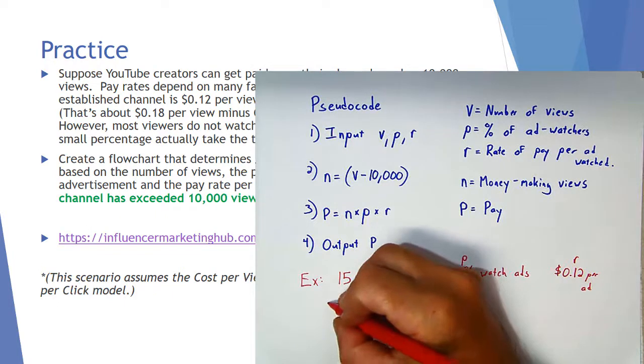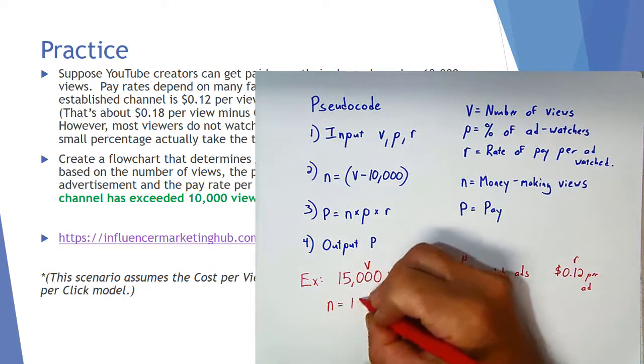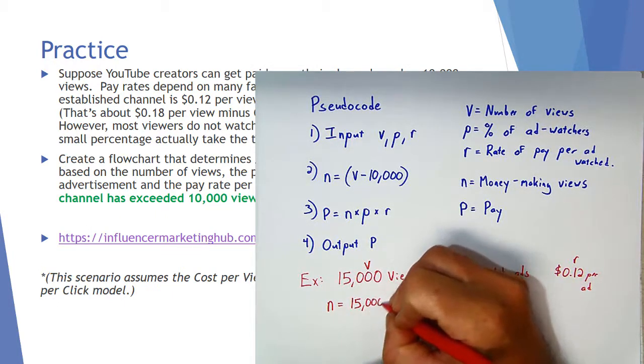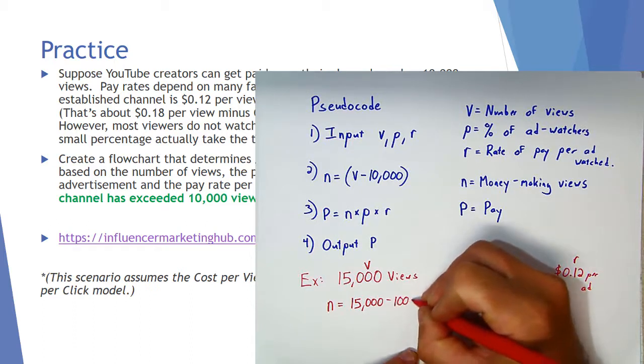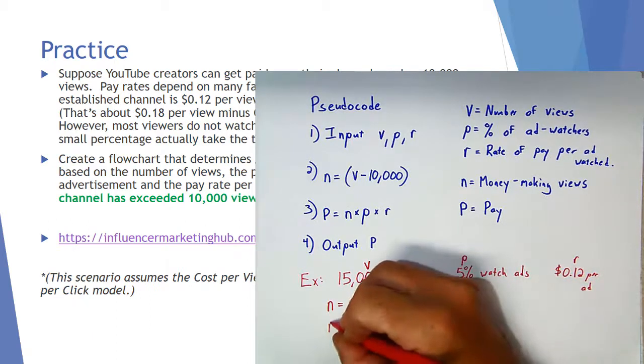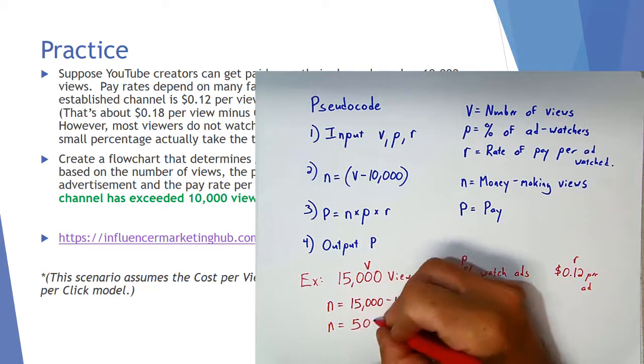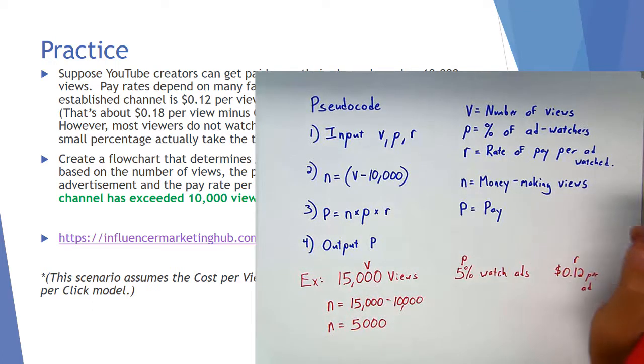So if we compute N, the number of money-making views, that's going to be 15,000 minus the first 10,000 which were not money-making, and that leaves us with a number of actual money-making views of the 5,000 beyond those first 10,000 that don't really count for us.